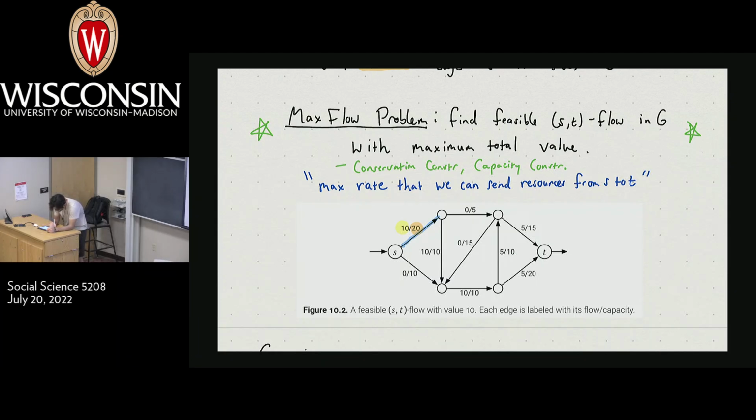Then the next edge, this one here, we're sending no flow at all. So the flow has avoided that edge. So this is avoided. On the other hand, this edge here, this one's saturated. It's completely full.